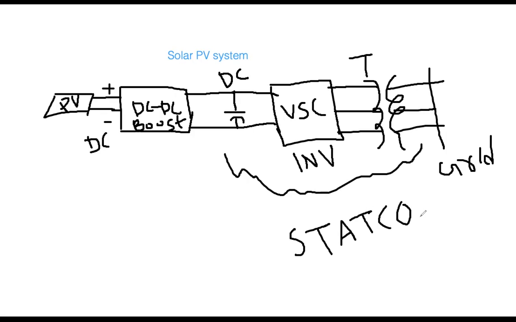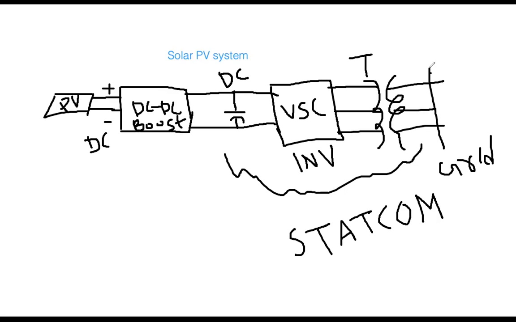The PV system can be considered as a STATCOM because it has similar components to the STATCOM. STATCOM has this component and transformer. Same thing, the PV system has these three components. So it can work as a STATCOM, meaning that this portion you can treat as a reactive power compensator.